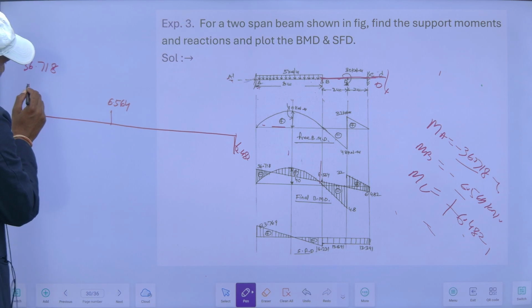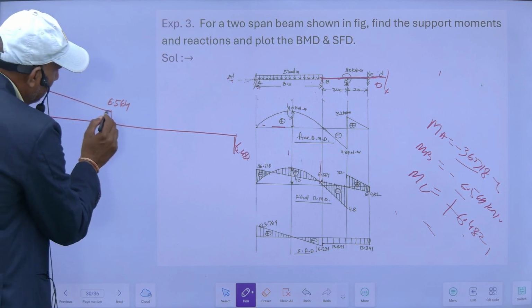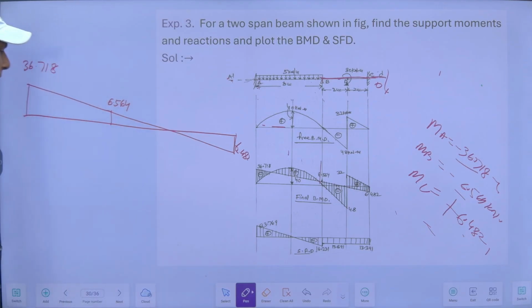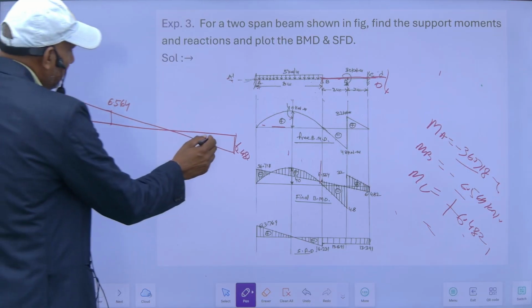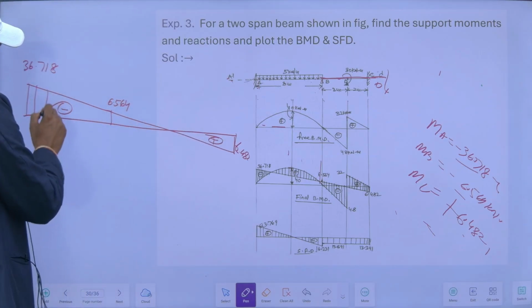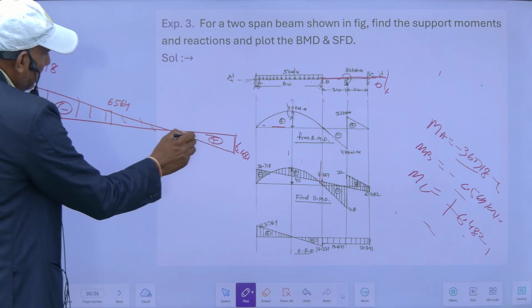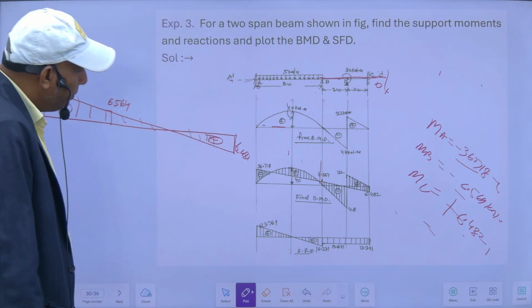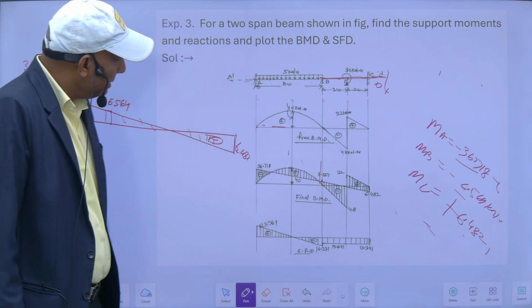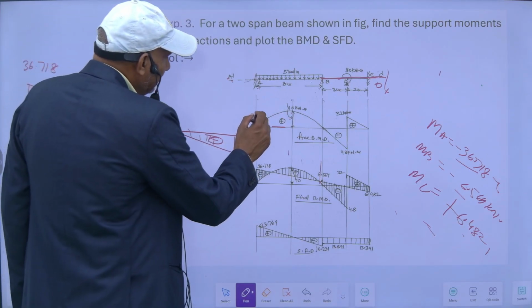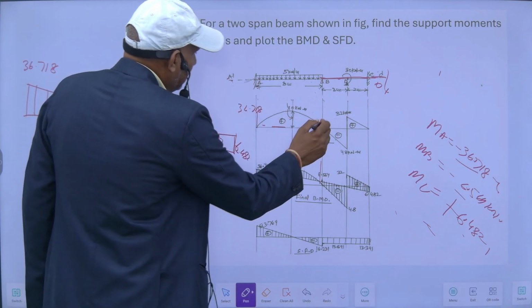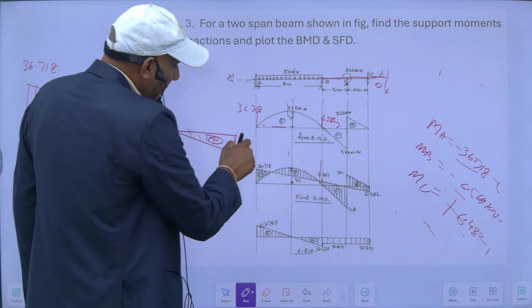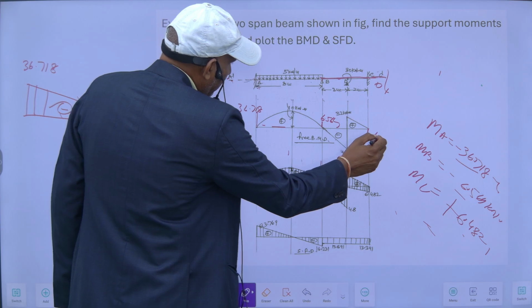This is my fixed bending moment diagram. This will be hogging and this is sagging. When I superimpose this with this, my diagram will be, this is 36.78, 6.564, and this is plus 6.482.